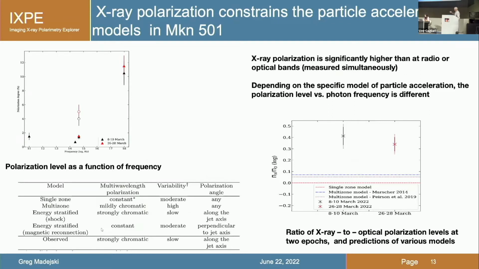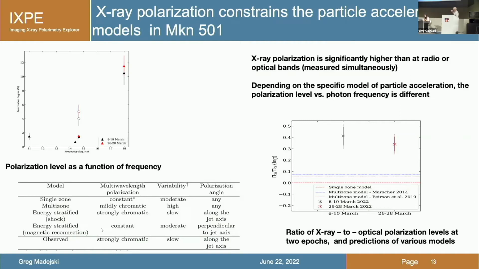There's a variety of models here, but we actually see strong chromatic dependence on the polarization. Turns out that polarization level in the optical in this object is significantly lower than it is in the X-ray band. And that kind of energy dependent level of polarization is something that's actually expected from basically energy stratified shocks.